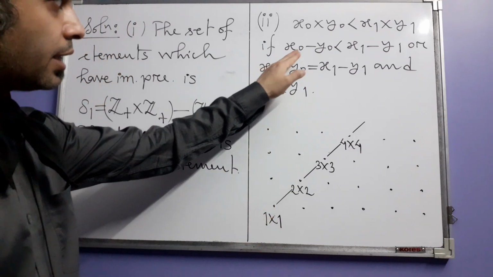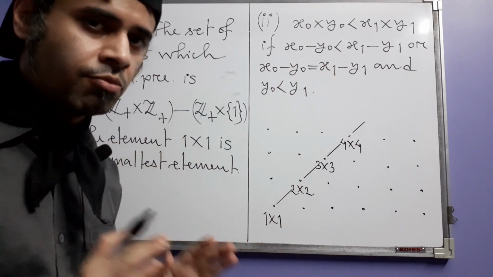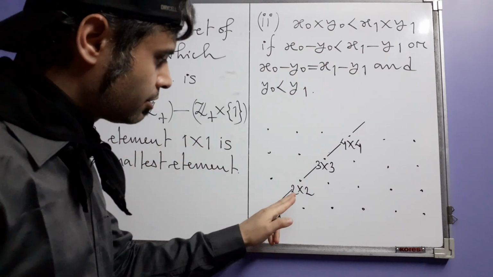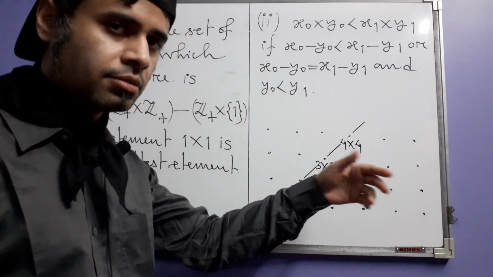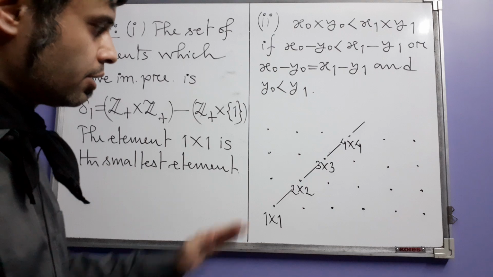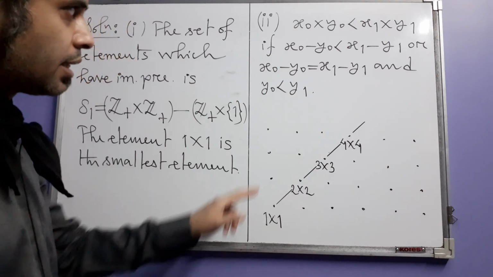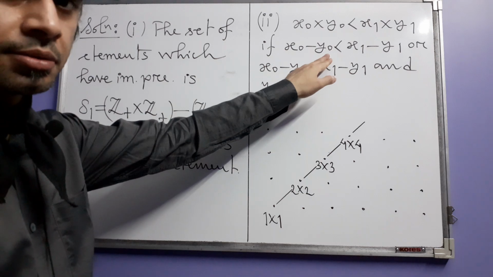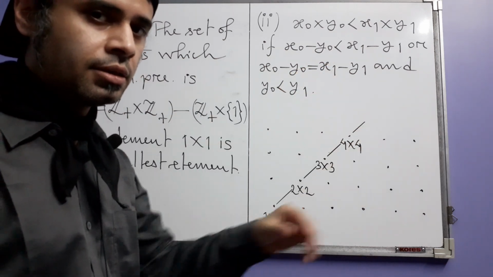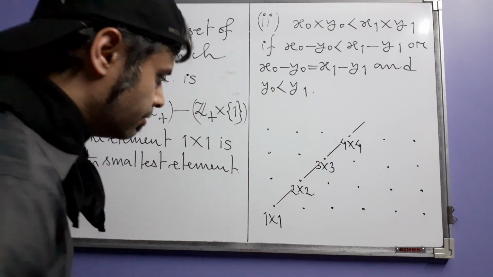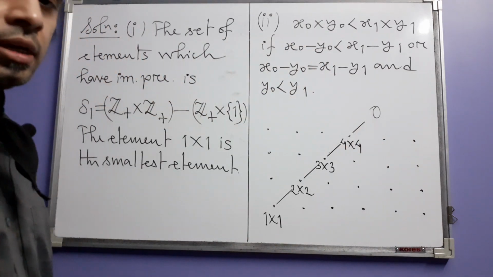So the quantity x naught minus y naught for this point is 0. 1 minus 1 is 0. That's also the case with this point 2 times 2, and so are the other points on this line. To identify this line, we can thus use this difference x naught minus y naught, which for all the points on this line is equal to 0. So let us identify this line by writing a 0 here.